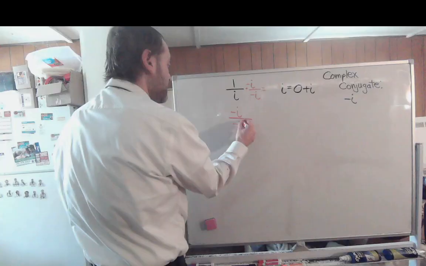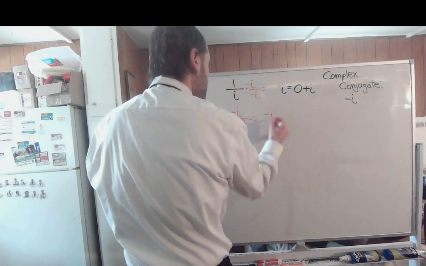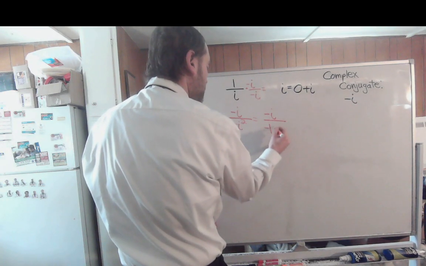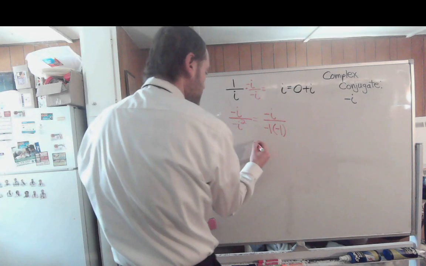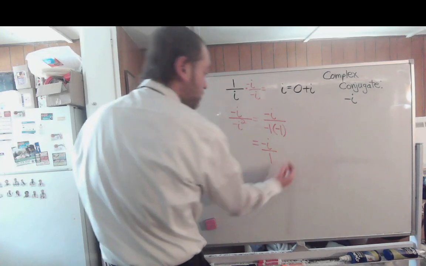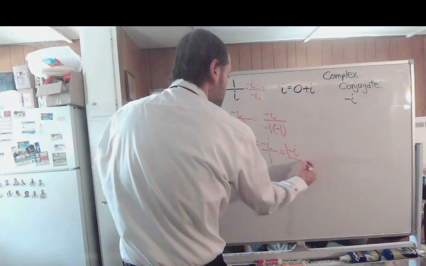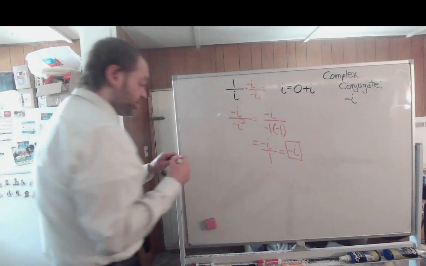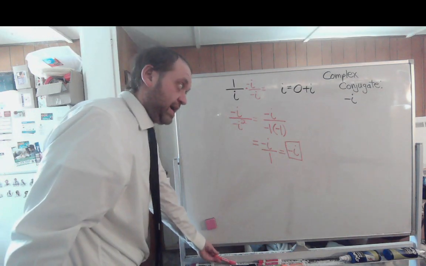So you're actually going to multiply both numerator and denominator by -i, which would turn into -i over -i squared, which would be -i over -1 times what is i squared. That's also -1, which would be -i over +1, or simply -i. So 1 over i in standard form would actually just turn into -i.